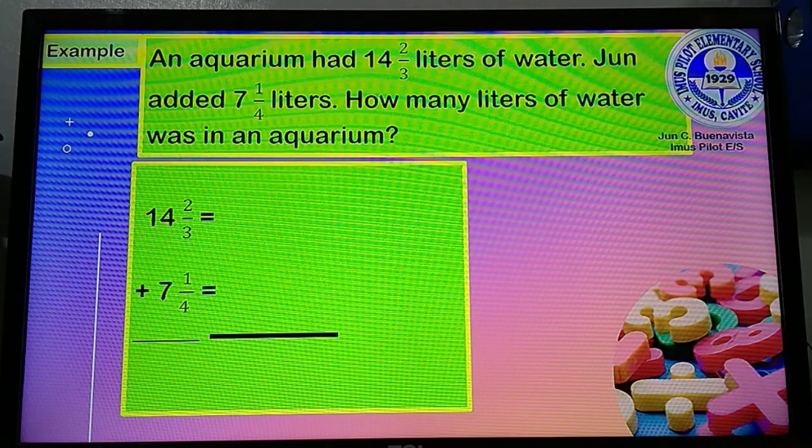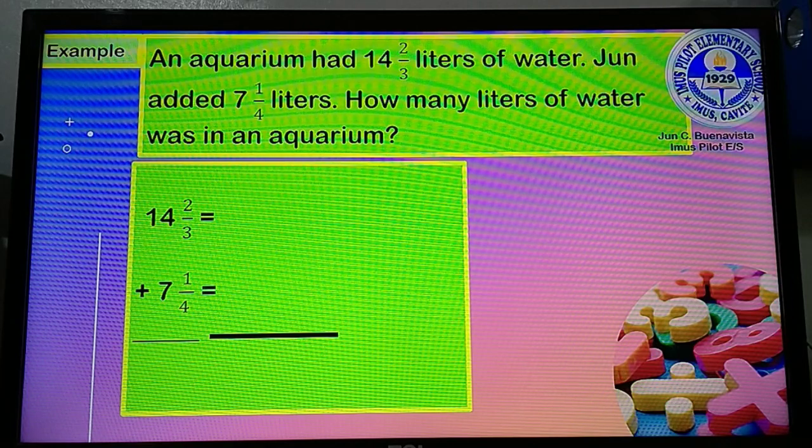So why addition? Because in our problem, how many liters of water was in the aquarium? Our clue word is added. We have the word added, so you're going to get the sum.